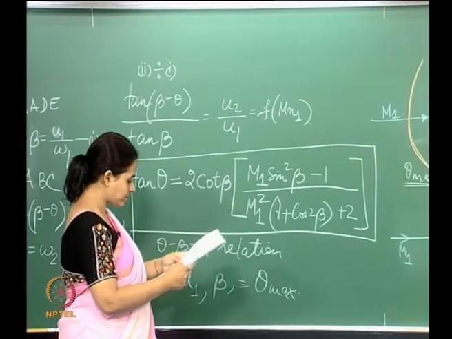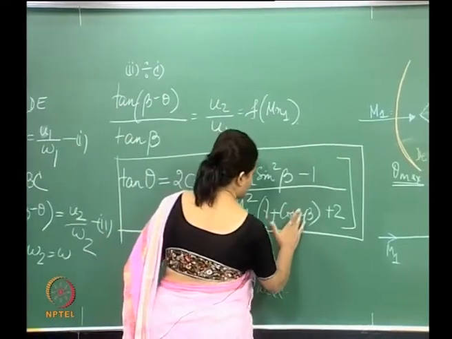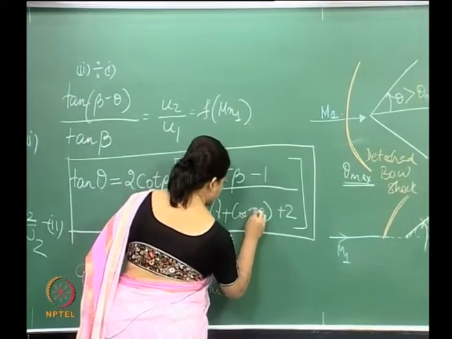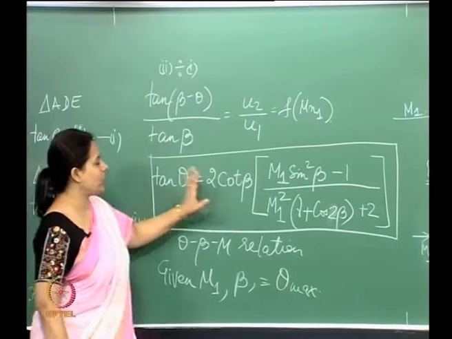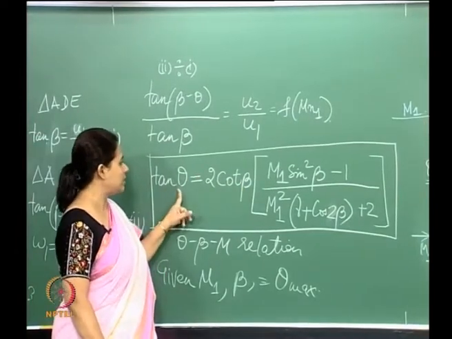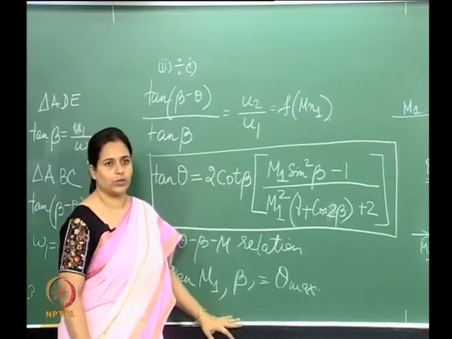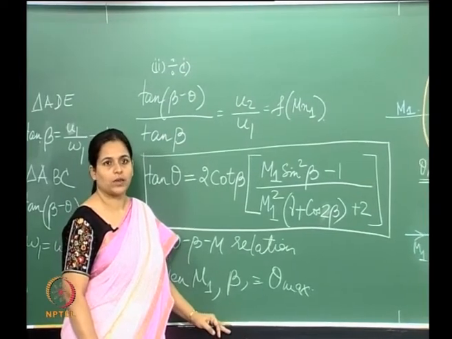Now coming back to this relationship again, make no mistake, this is cos 2 beta. If you look here, for a given theta and M1, there are two values of beta. What does that mean?